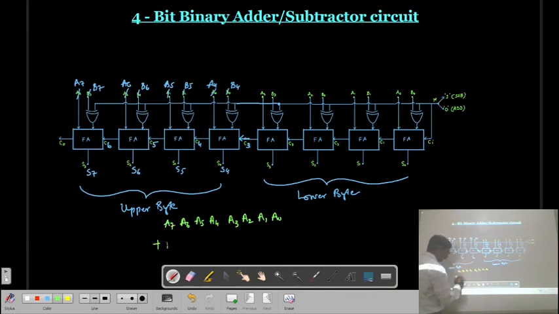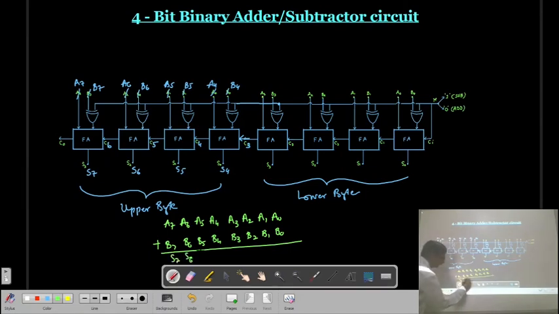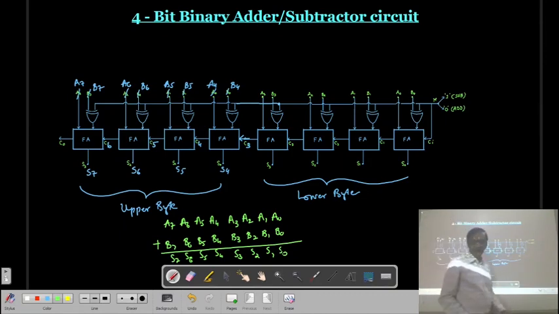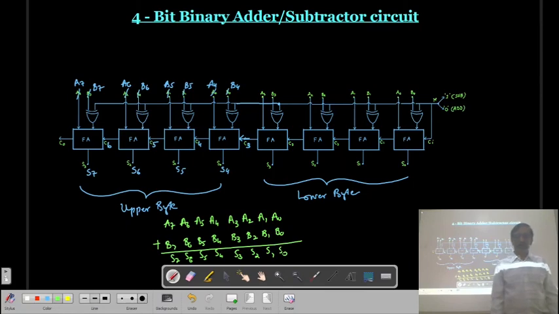Then you want to take the addition with B7, B6, B5, B4, B3, B2, B1, B0. And here, this will generate the sum S7, S6, S5, S4, S3, S2, S1 and S0. So this is known as an 8-bit adder circuit.